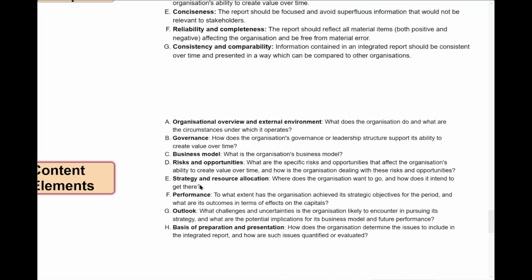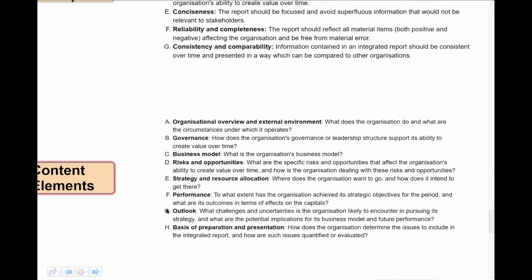Next area, performance. Certainly, we need to link the financial information within the financial statements, balance sheet, and statement of profit and loss with the business's overall stated strategic objectives, and the effect of performance on the 6 capitals.